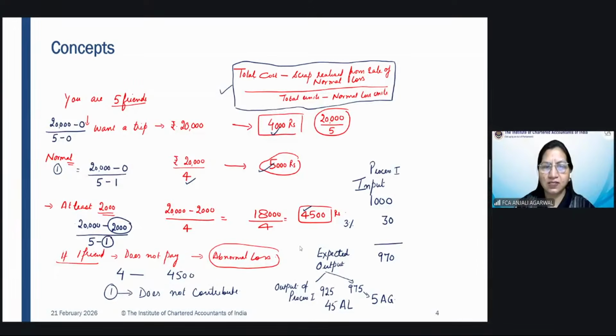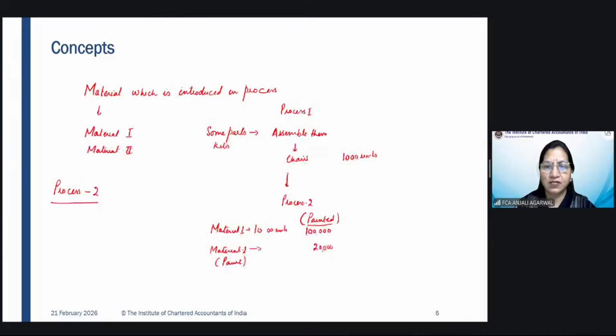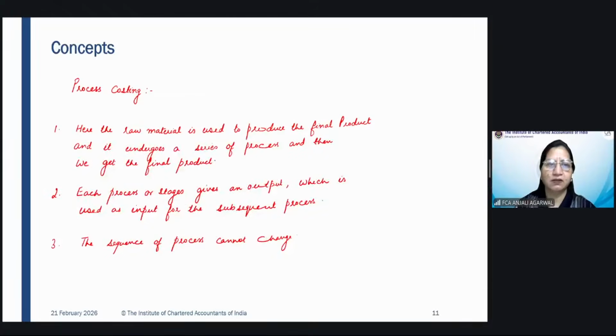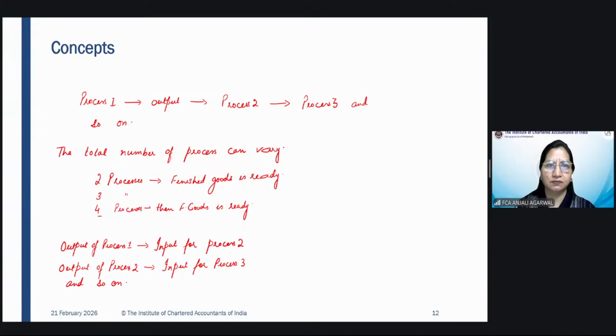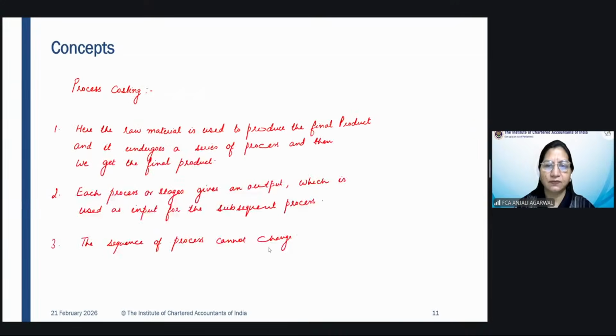So these are the concepts in your process costing. And now let's see how we prepare the various accounts in the process costing. So in process costing, raw material will be, I'll quickly recap, used to produce the final product. It has to undergo subsequent processes until the finished product is reached.